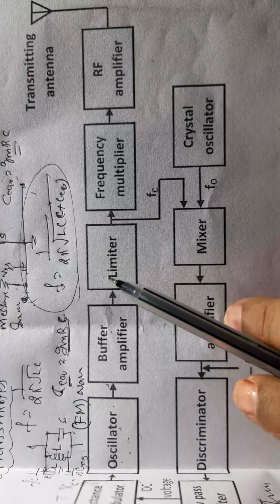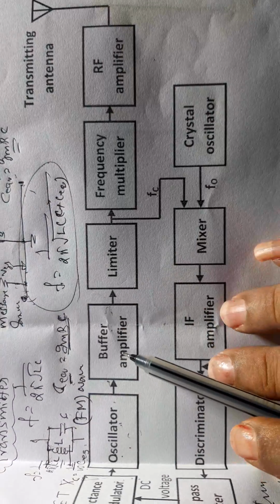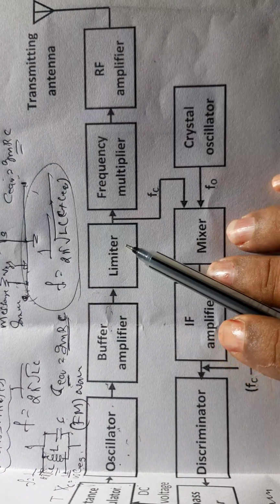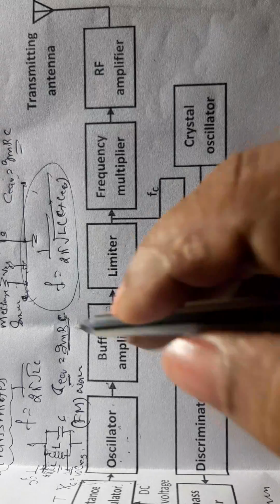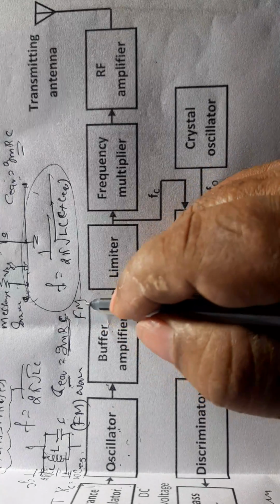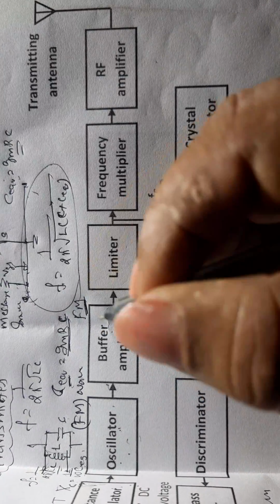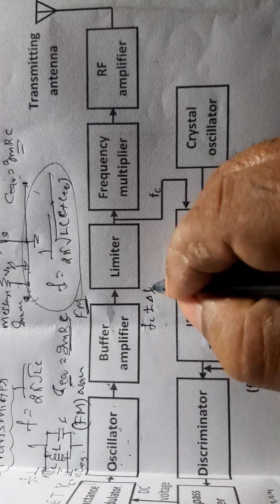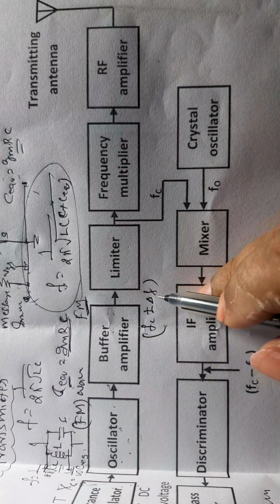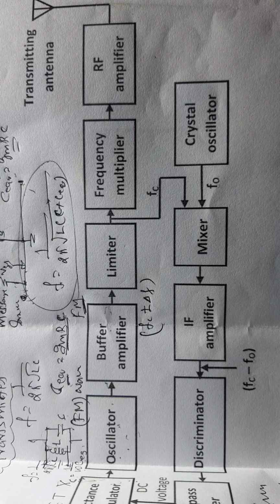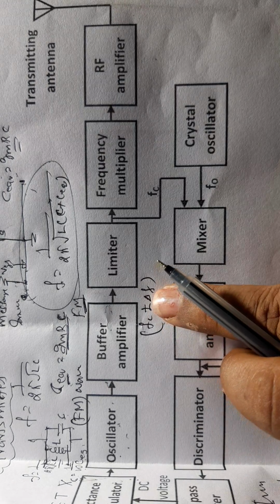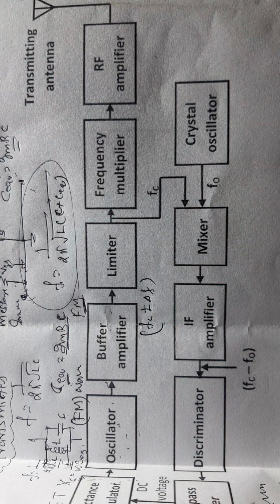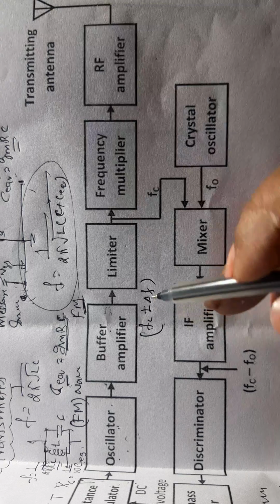Now after passing through this buffer amplifier, the frequency modulated wave is fed to the limiter, where the frequency of the FM wave is Fc plus or minus delta F, where delta F is called the carrier deviation. It depends upon the amplitude of our message signal. You have already studied this.